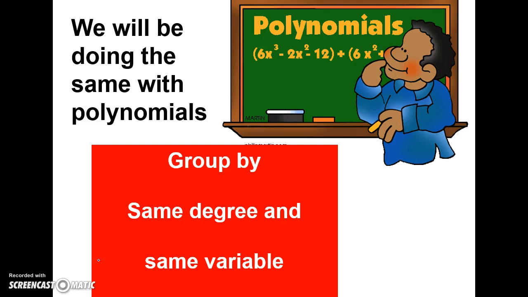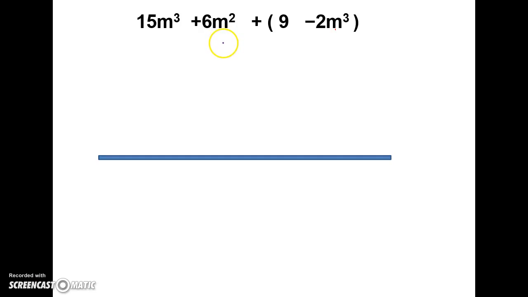Let's take this first example: 15m to the third plus 6m squared plus 9 minus 2m to the third. I know there are some parentheses here. That's okay. We're just going to group together things that go together. I always like to start with the variables. First of all, I have m's.